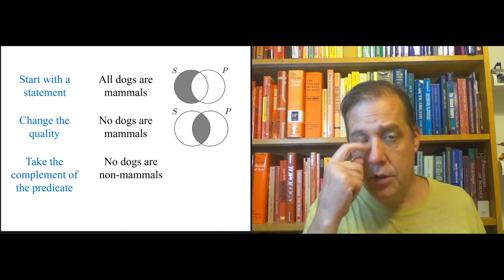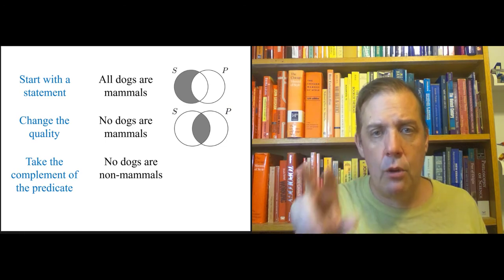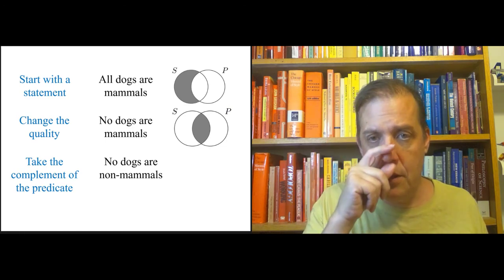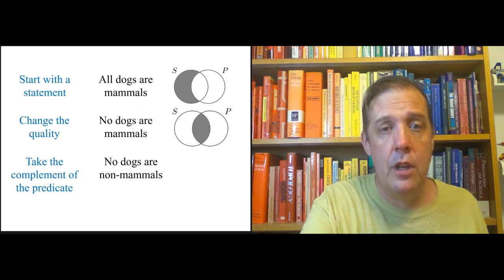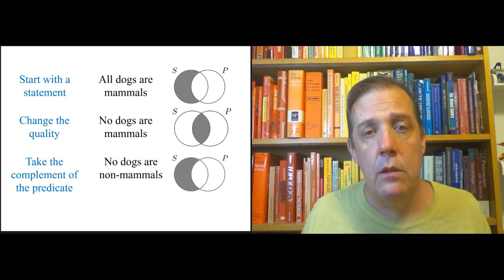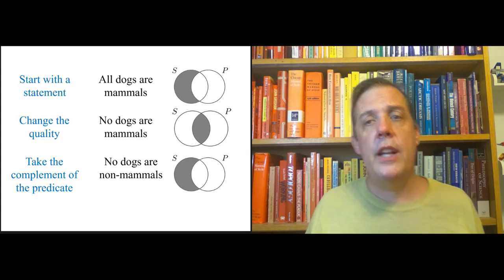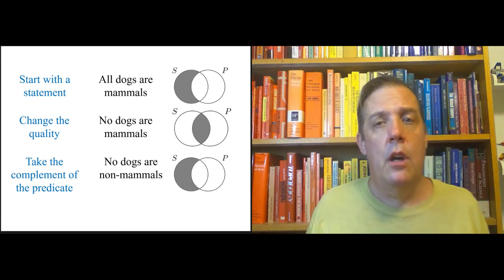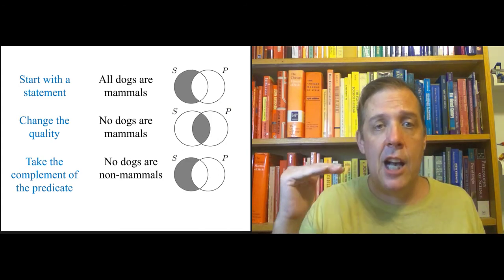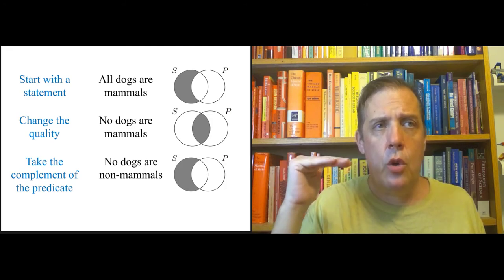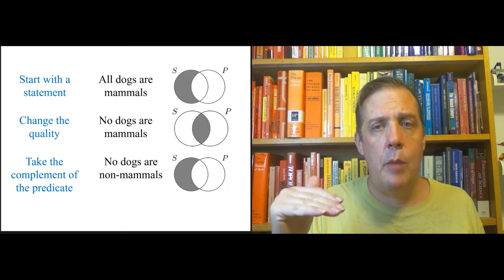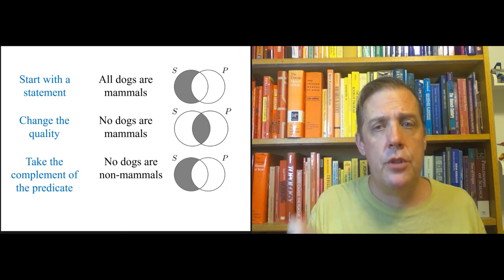And now you're saying nothing in the category dogs is outside the category mammals, and you're back here again. So with an A statement, taking the obverse, that is changing the quality and then taking the complement of the predicate, preserves the truth value.